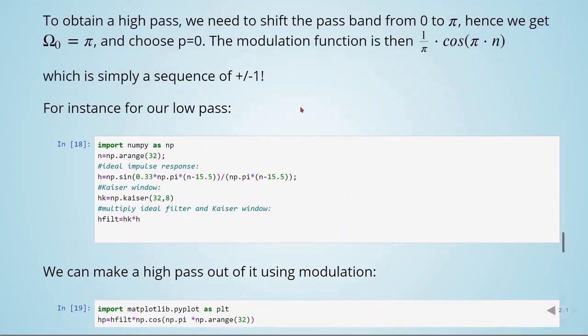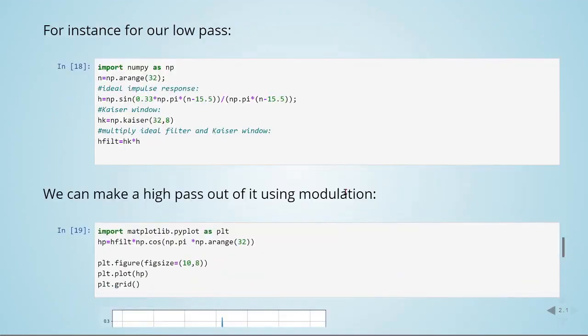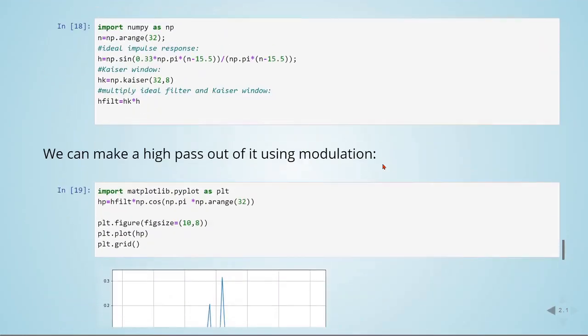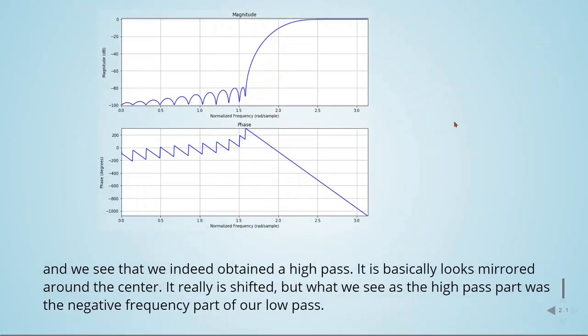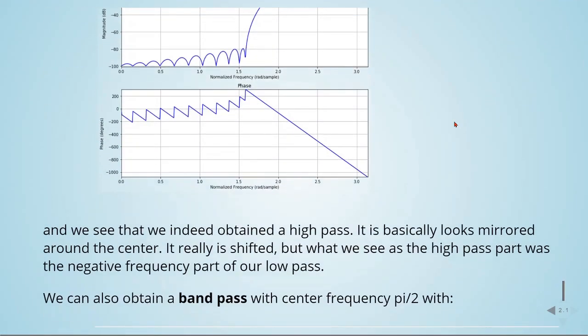So we designed a low pass using the window method, then we just used modulation to transform the low pass to a high pass. And we see that we indeed obtain a high pass. It basically looks like a mirrored version around the center. In reality, it's shifted, but what we see as the high pass part was the negative frequency part of our low pass.